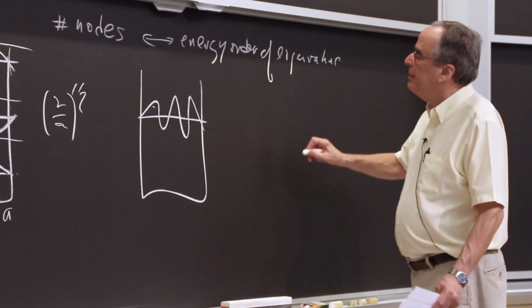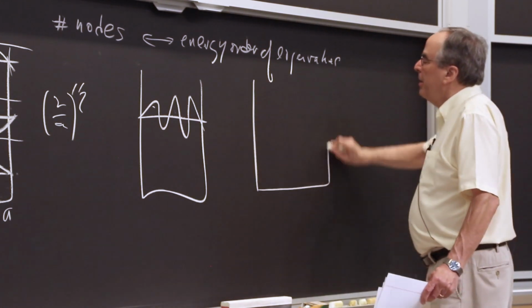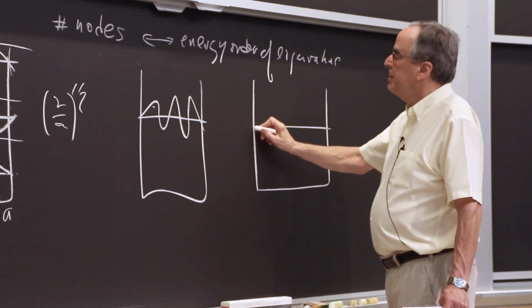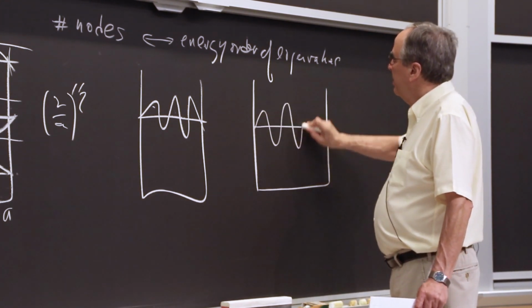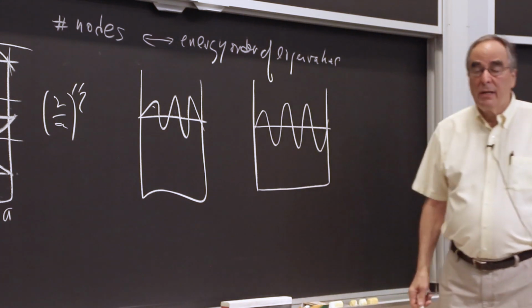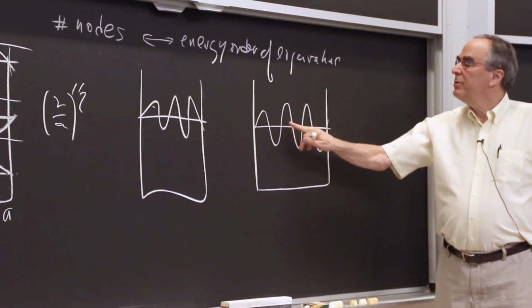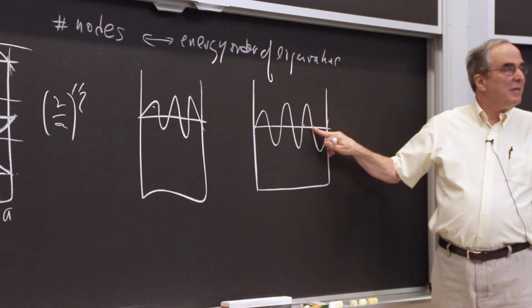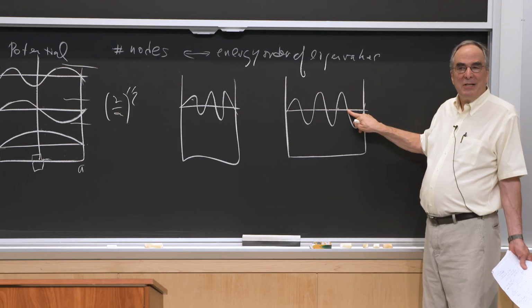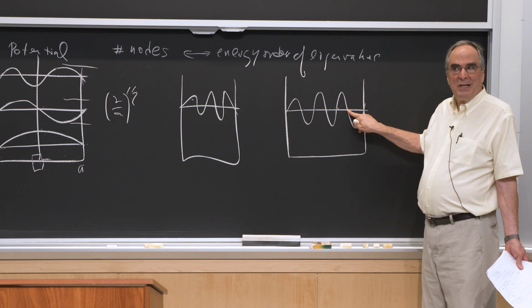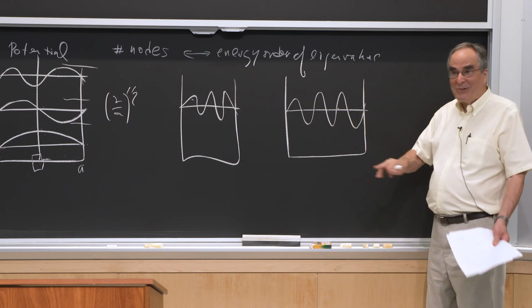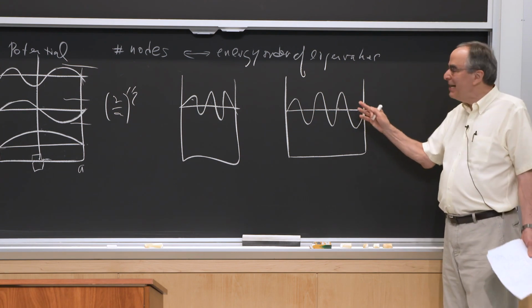Okay, another thing. Suppose you have a particle in a box, and it's in some state. And I'm going to draw something like this again. Okay, first of all, 1, 2, 3, 4, 5. Which state is that? I got it. The hands are right. 6. It's the 6th eigenstate.